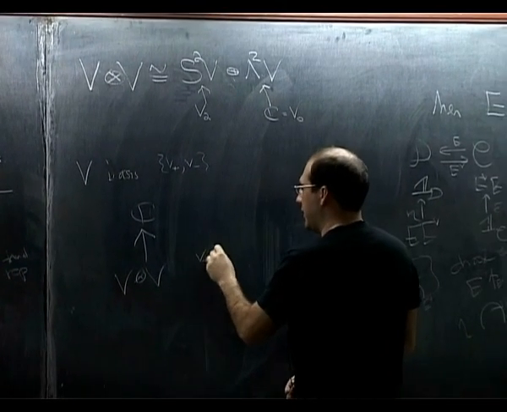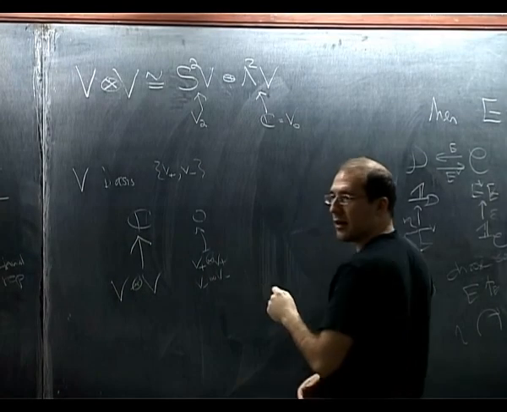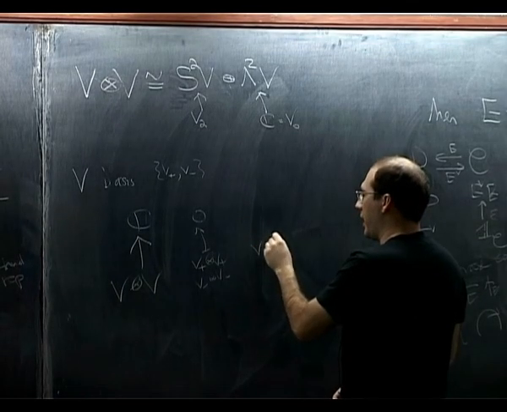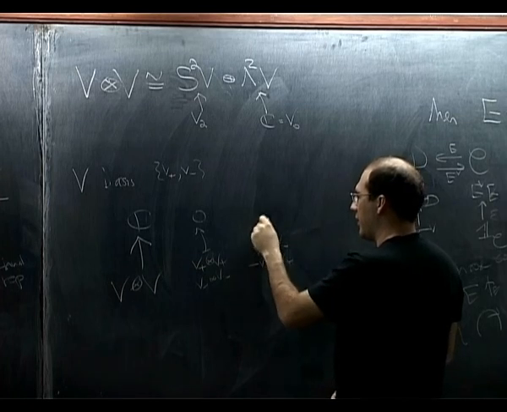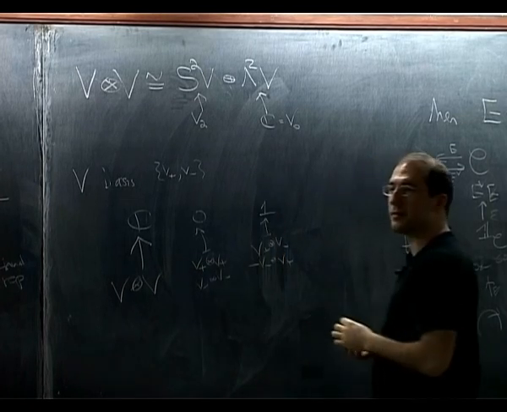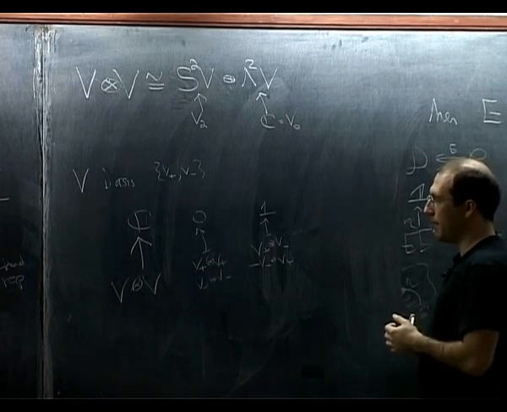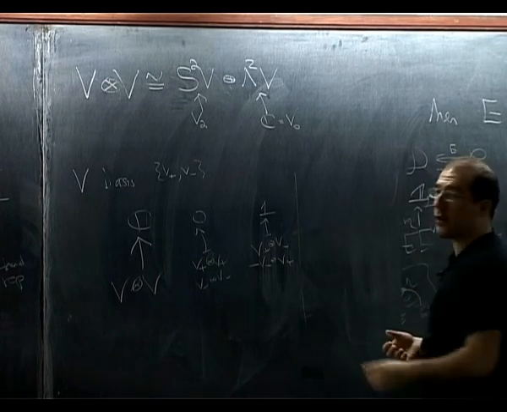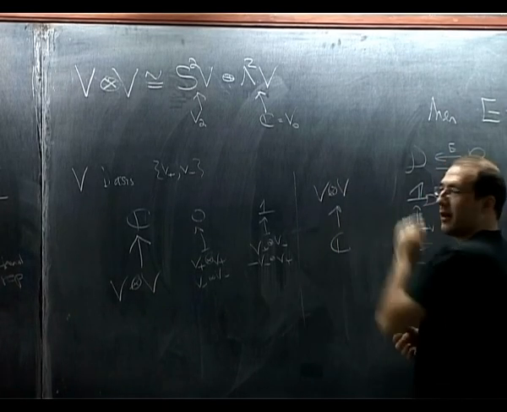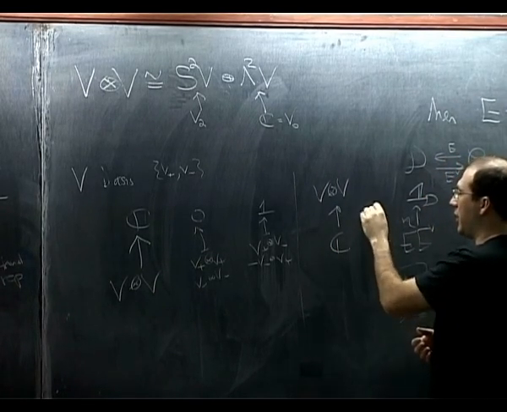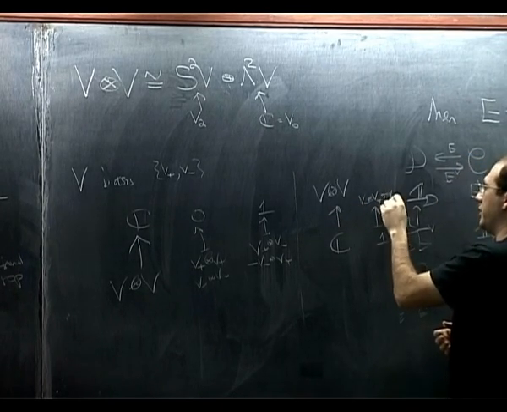So what it does is it takes V plus tensor V plus and V minus tensor V minus to 0. It takes V plus tensor V minus and minus V minus tensor V plus to 1. We also have our inclusion map, which sends the identity to our alternating guy. I'm going to say V minus tensor V plus, V plus tensor V minus.